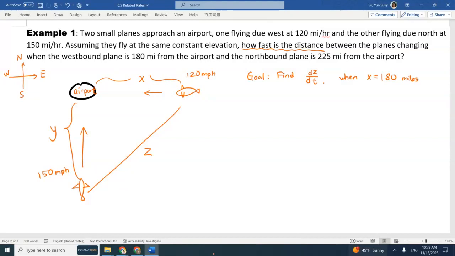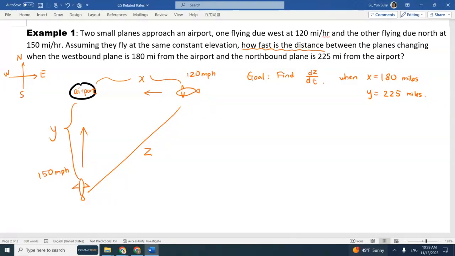And the northbound plane, that's y, is 225 miles. Is that okay, everybody? So at the moment, x and y are changing, right? Your x is decreasing, your y is decreasing, and your z is also decreasing. Do you agree, everybody? So let's figure out all the quantities.